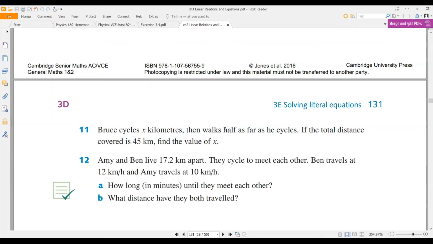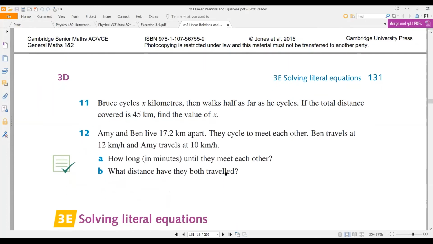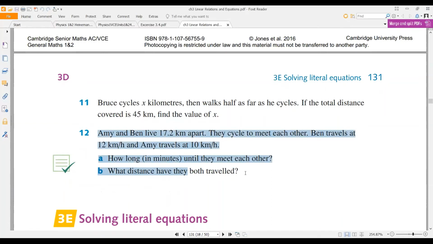So that's X divided by 2. And so therefore the total distance covered is 1.5X. So then you can use that. That last question that we did about the bricks is actually very similar to this question here. Okay, it doesn't look like it, but it is.